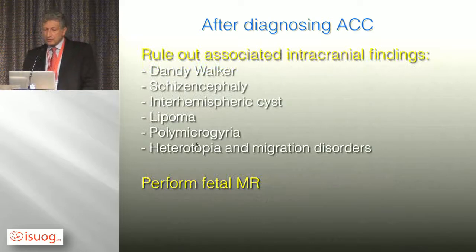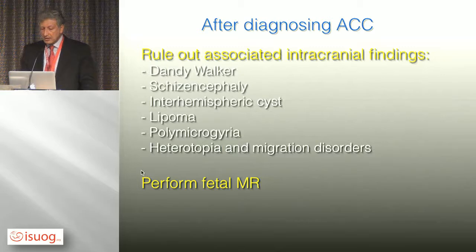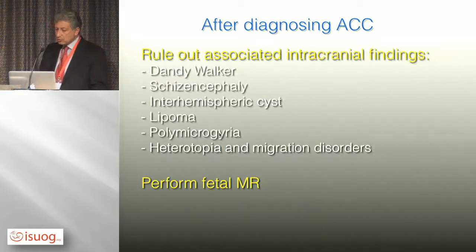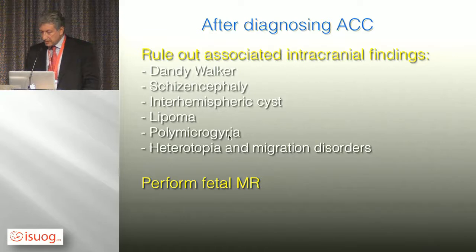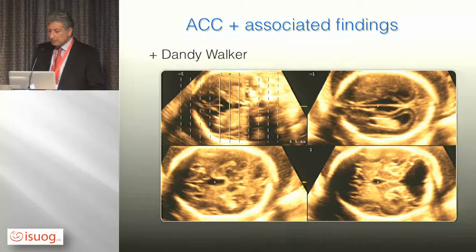And at the level of the brain, we should check for Dandy Walker, for schizencephaly, for the presence of any cyst, for the presence of lipoma detected rather in later gestation, and polymicrogyria and heterotopia. And we should perform MR to confirm the diagnosis, and in addition to rule out many of these things. Even if we do it at 22 weeks, we should repeat it at 30 weeks if the parents are willing to continue pregnancy. Now, let me show you some few examples.